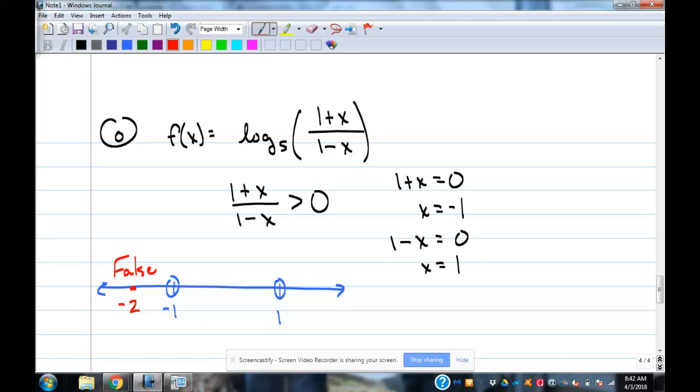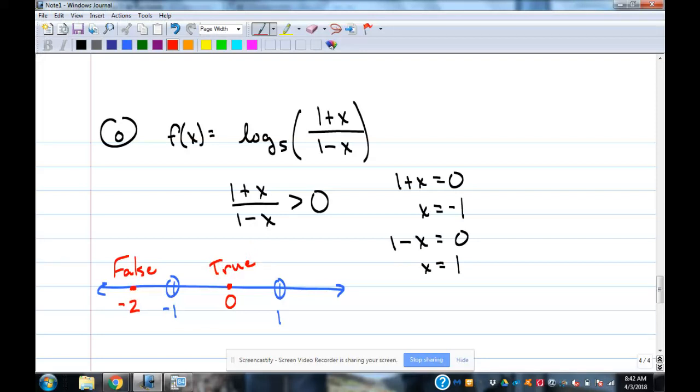Okay. Let's pick a number that's between negative 1 and positive 1. 0 is the best one to pick. We're going to test that. 1 plus 0 over 1 minus 0 is 1 over 1, right? Is that greater than 0? Yes. So this area is true. It's possible that that's the only true area, but it's also possible that this area could be true as well.